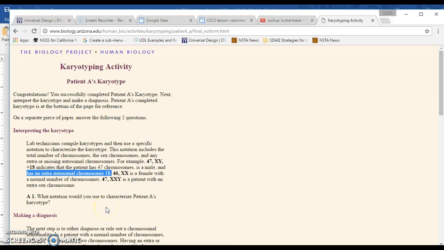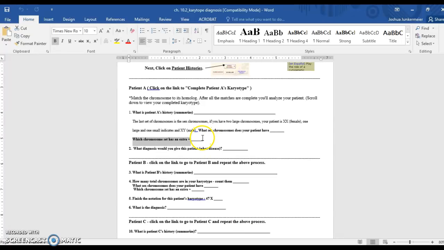Now that we've finished the karyotype, we realize that the patient has one extra copy of chromosome number 18. So the baby's only supposed to have 2 of chromosome 18, but it actually has 3 copies of chromosome 18. And so that's really the problem. And if you have an extra 18, you pretty much have a disease. So you'd put right here in this blank, an extra copy of chromosome number 18.